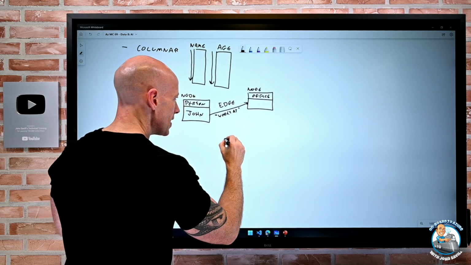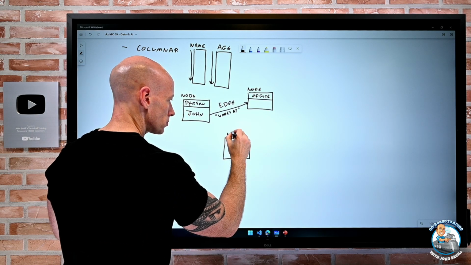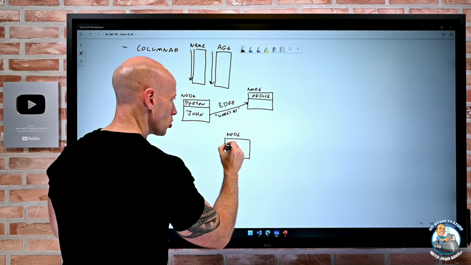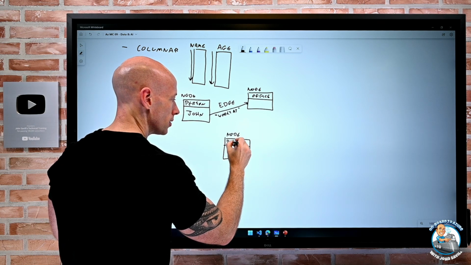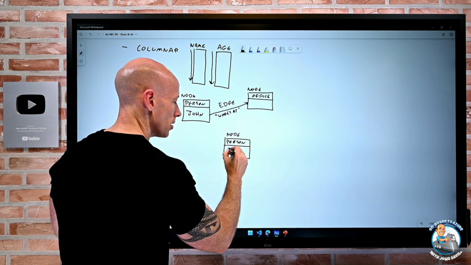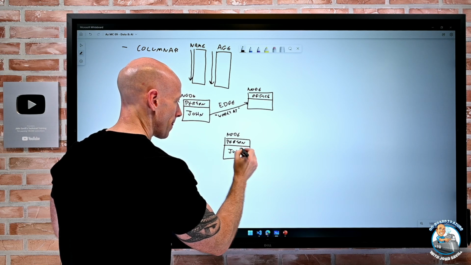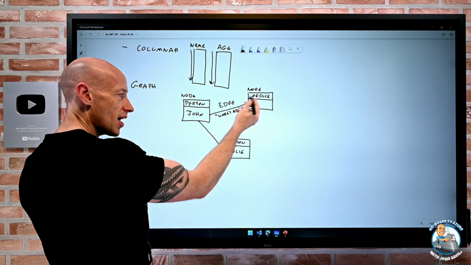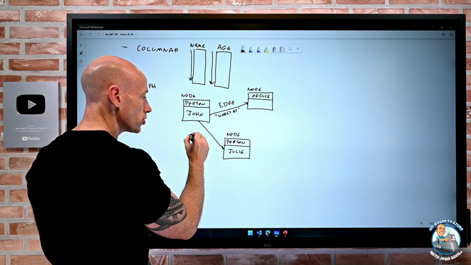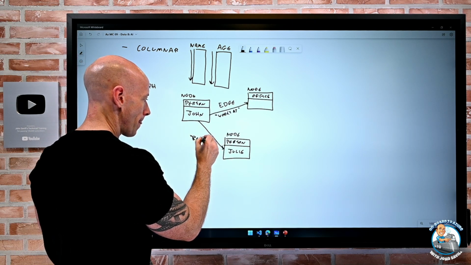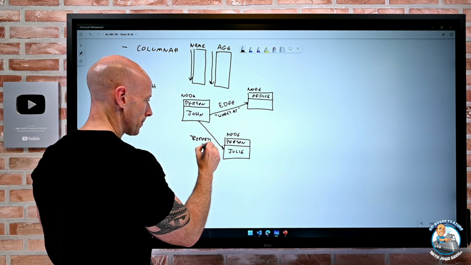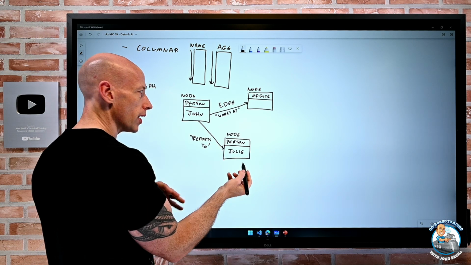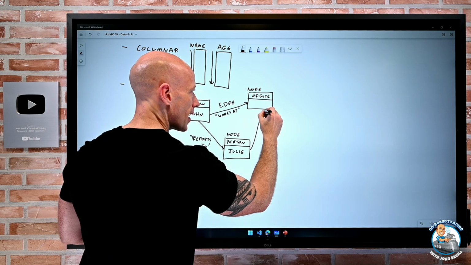There might also be another node, which could be another type of person. And this time it's Julie. And it could be, again, it's another edge, and this maybe is reports to. So John reports to Julie, and then Julie also maybe has a relationship.